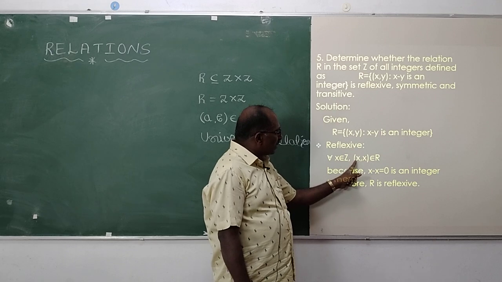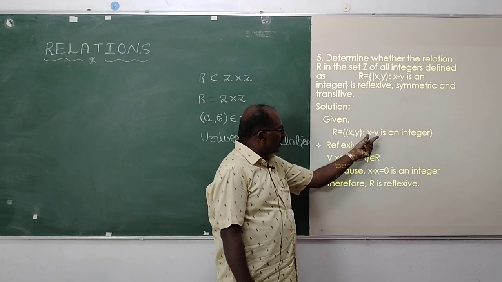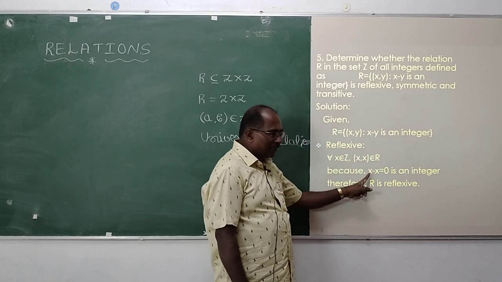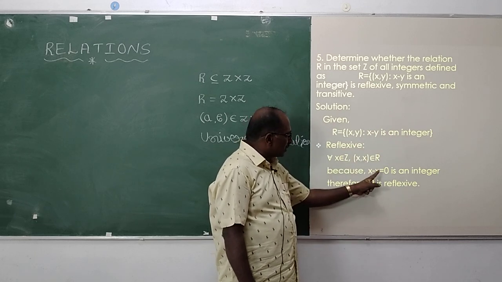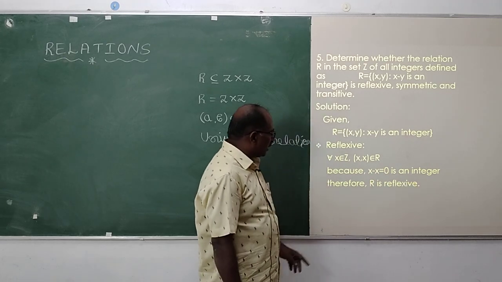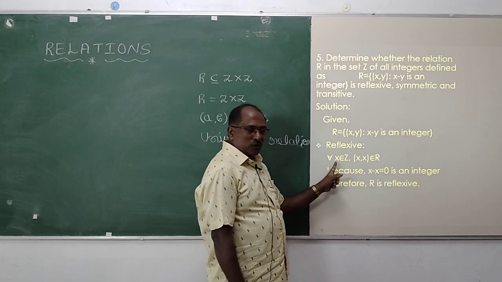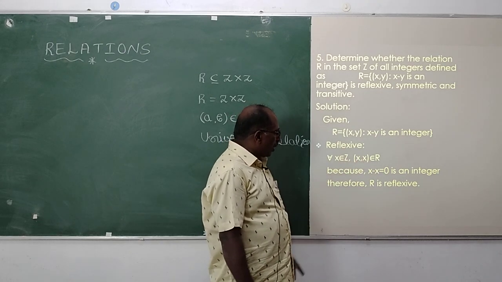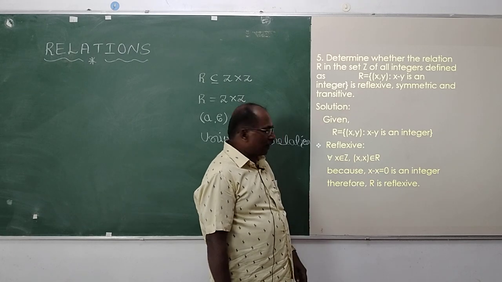So, putting x equals x and y equal to x, here we get the statement x minus x is an integer. See here, x minus x is equal to 0. Students, we know 0 is an integer. Thus, for every x belonging to set Z, x comma x belongs to R. Therefore, we can say R is reflexive.